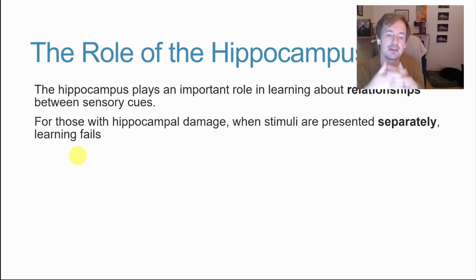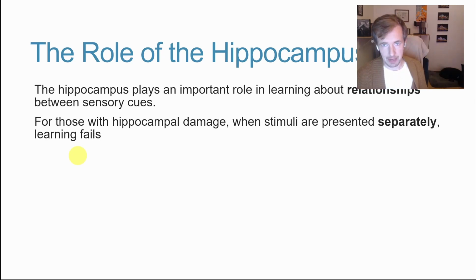So if you have hippocampal damage, then whenever stimuli are presented separately from one another, you don't really learn that they go together. So if I were to play a tone and then I shock you shortly after that tone stops, if you have damage in your hippocampus, you might be unable to learn that sound means that a shock is coming.